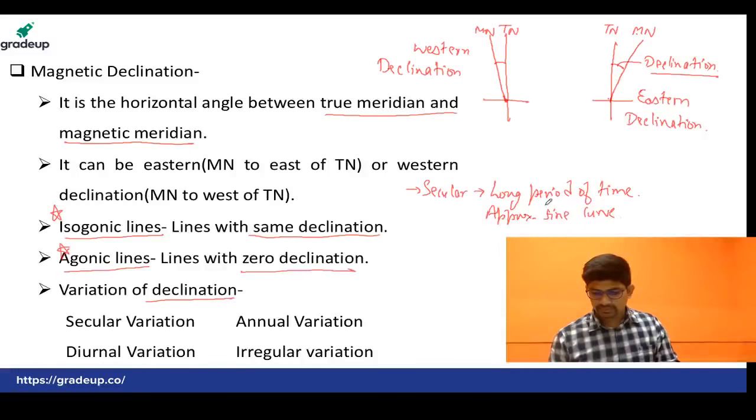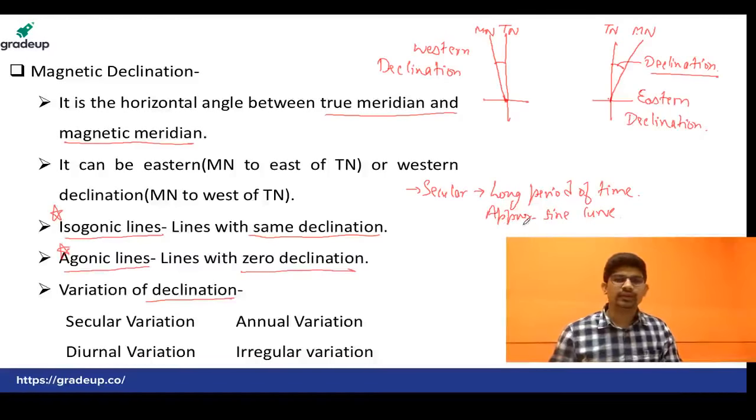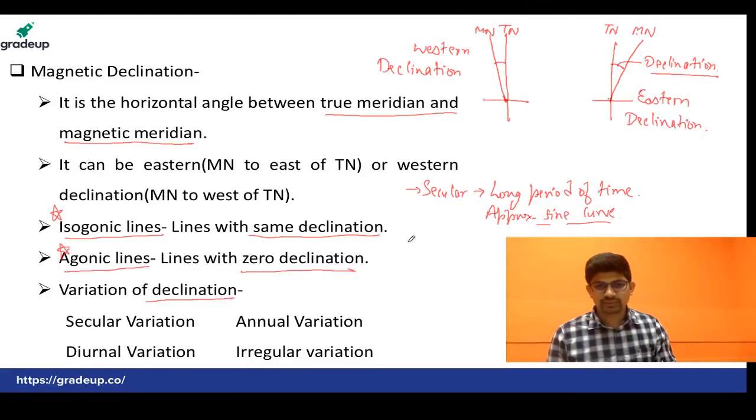For a certain period of time the shift will be in one direction, and then in a later period it will be in the opposite direction. That way it follows a sine curve. So this is secular variation.